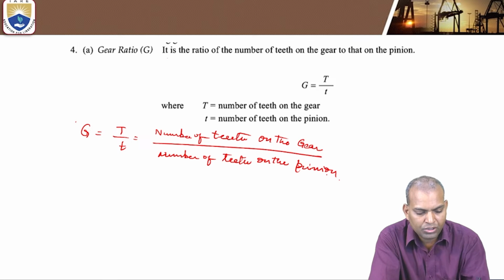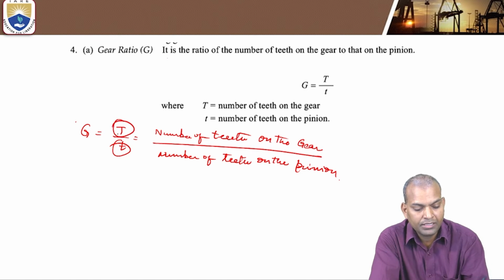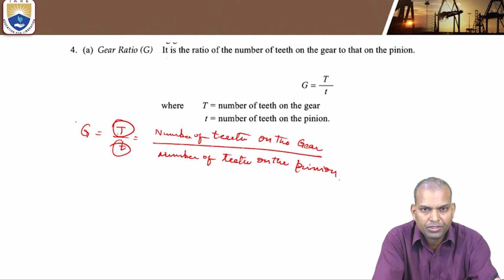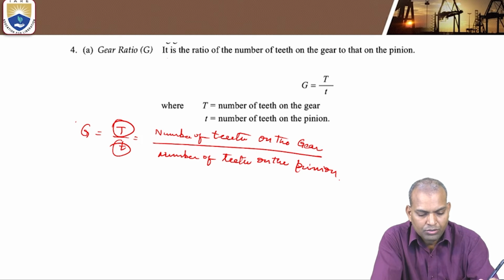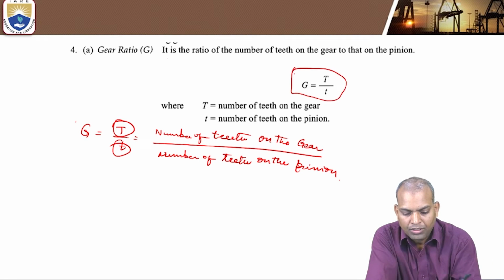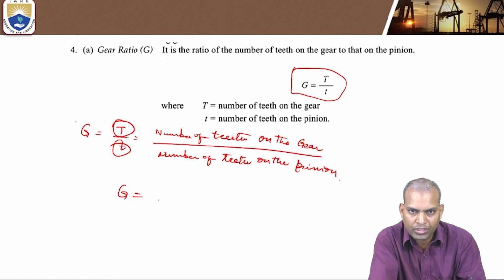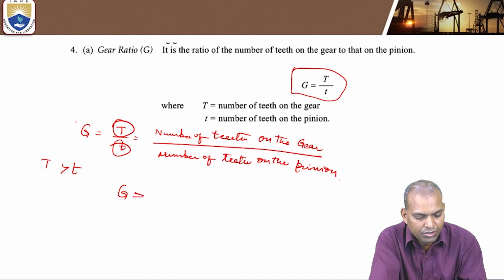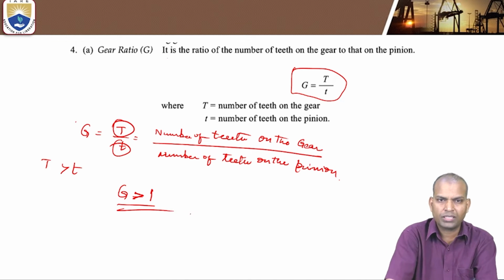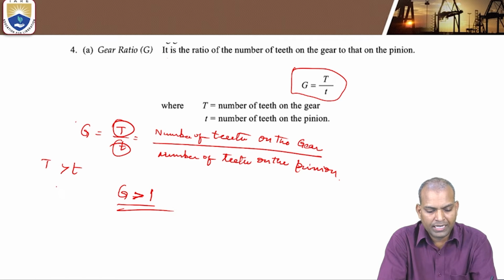The small t denotes the number of teeth on the pinion, capital T denotes the number of teeth on the gear. So this is the gear ratio. The number of teeth on the gear is more than on the pinion, capital T is greater than small t. That's why gear ratio is always greater than 1.